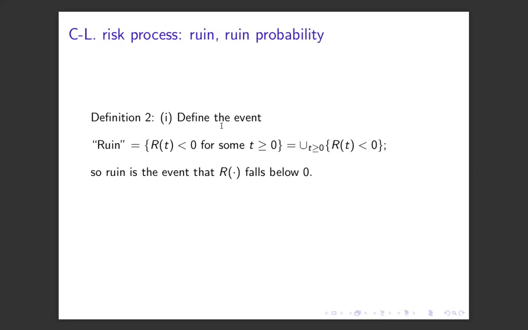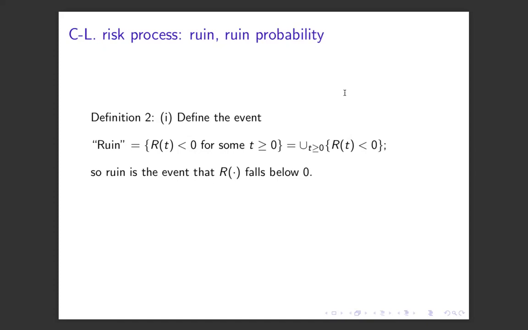So let us call this event, R(t) becoming negative for some t greater than or equal to 0, ruin. Ruin doesn't mean that the company goes out of business. It could even be just a temporary setback. Things can recover and the surplus can turn out to be positive later on.